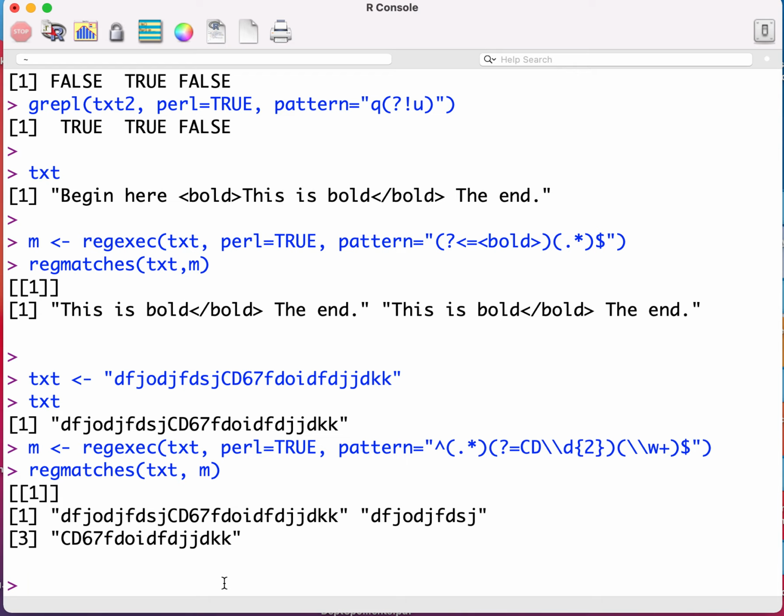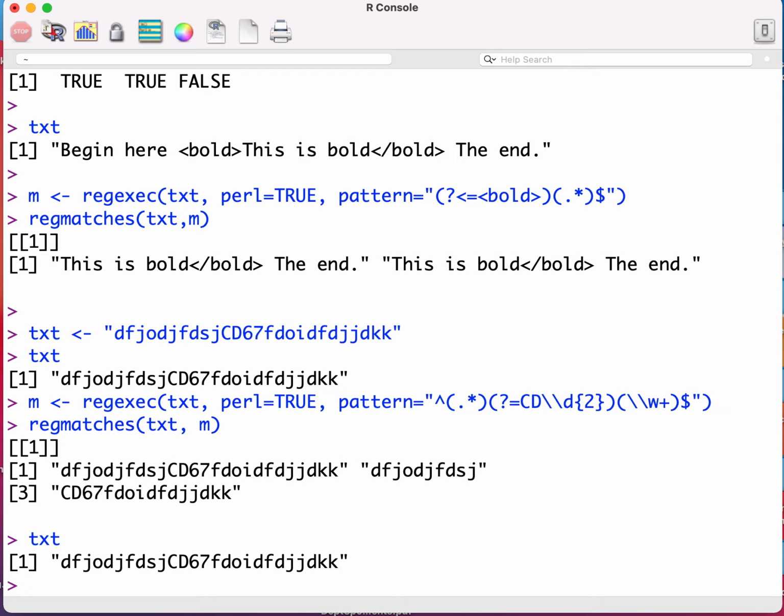So let's try \K here. There's your text. So sometimes instead of a look behind, we'll use \K. So we're going to do regexec, this text, perl equals TRUE, pattern equals.